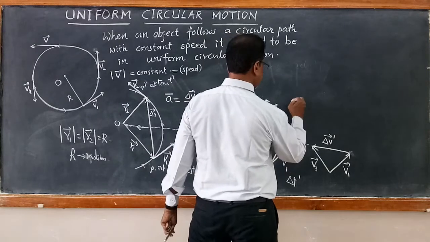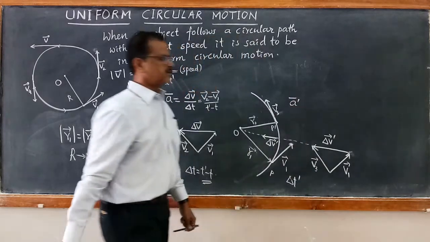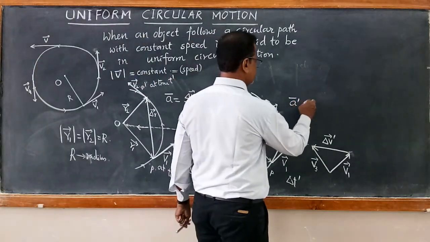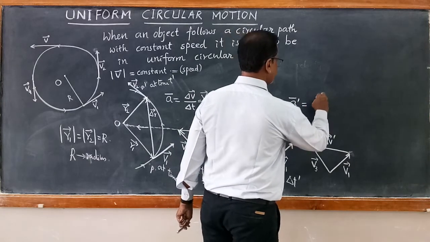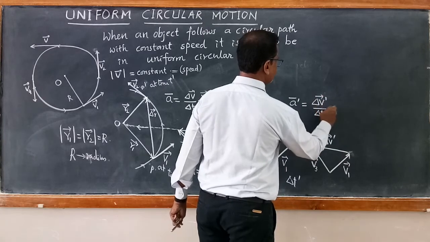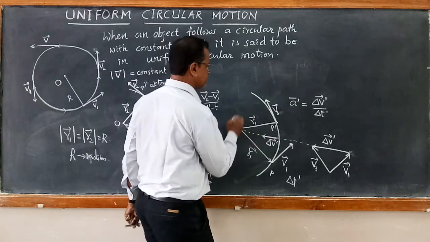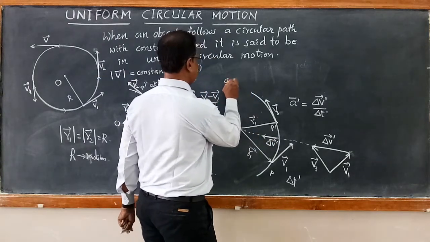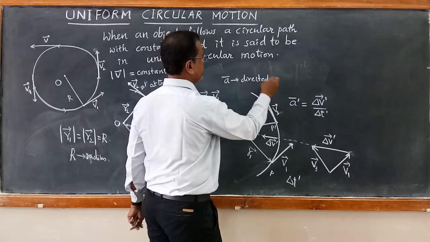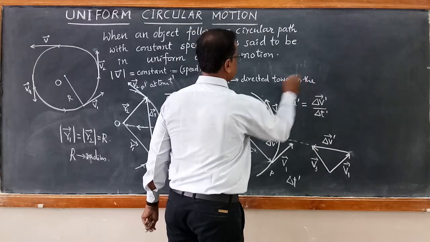So thus I can calculate now for reduced time interval the average acceleration a dash, equal to delta v dash by delta t dash. Now the average acceleration is again directed towards the center. So in both the cases, if you observe, it is directed or pointing towards the center.